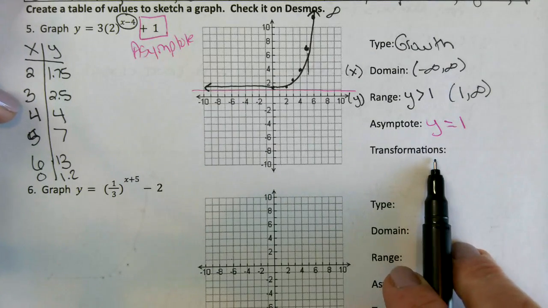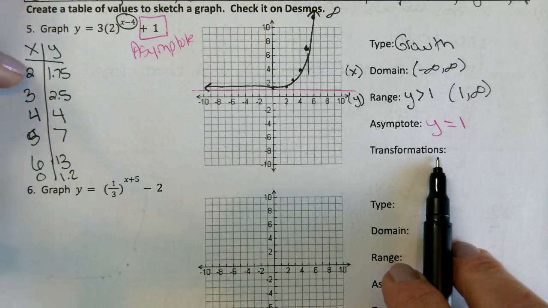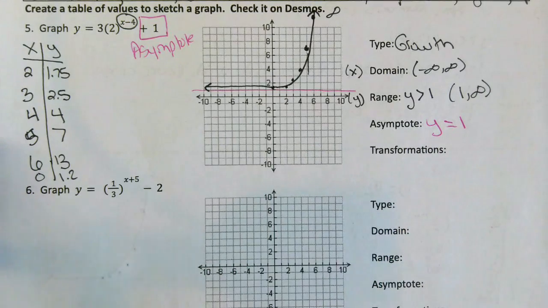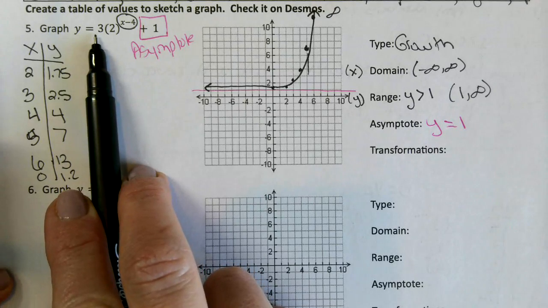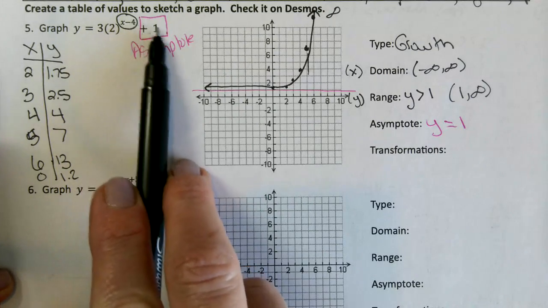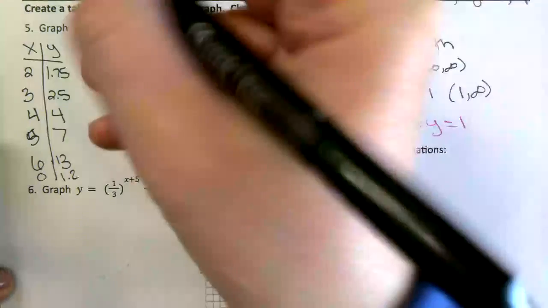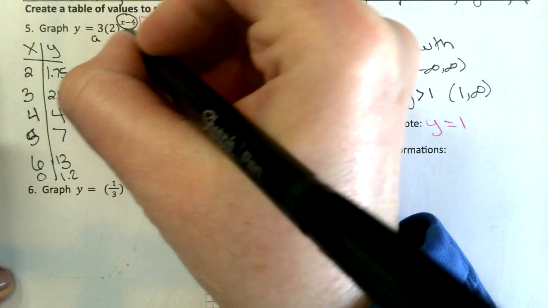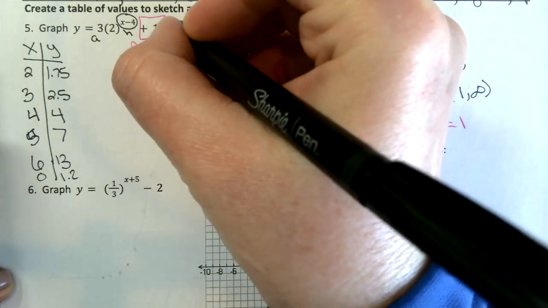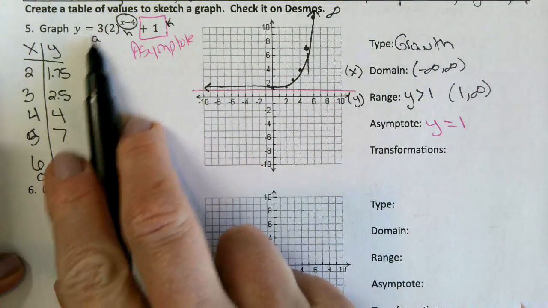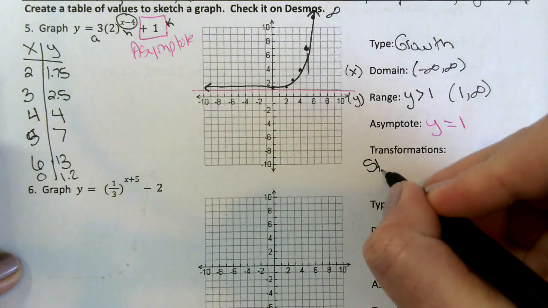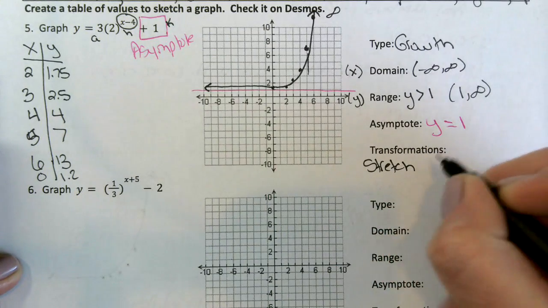The transformations are probably the most important part of this section. There's only going to be one graph. So identify your A, H, and K. And so there's my A, there's my H, and there's my K. 3 is my A, and that made it stretch by a factor of 3.